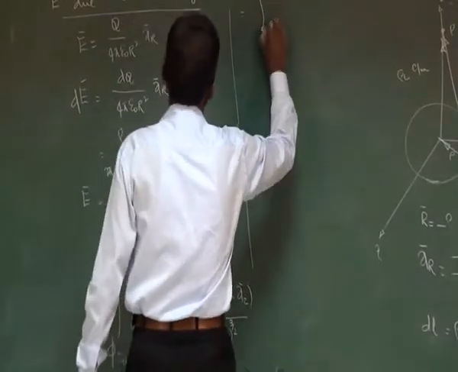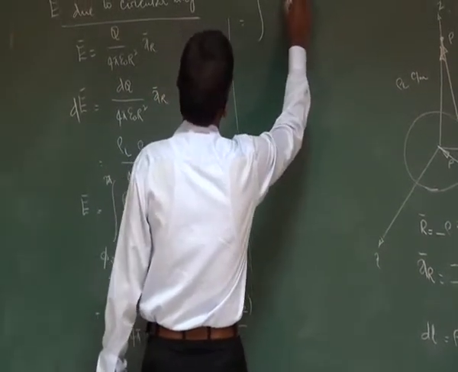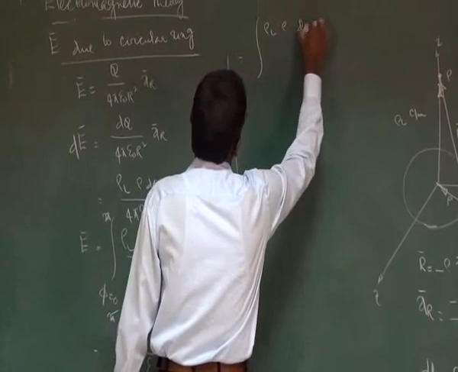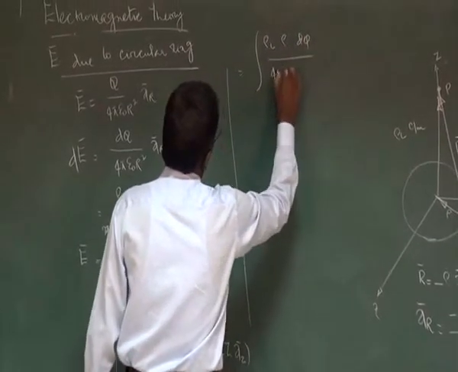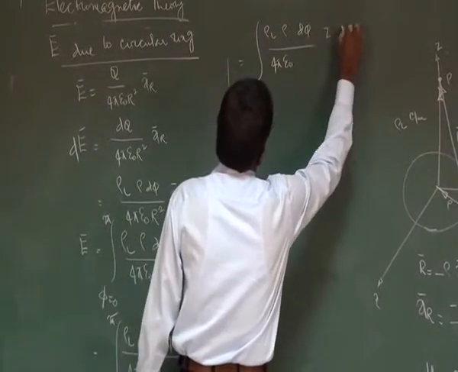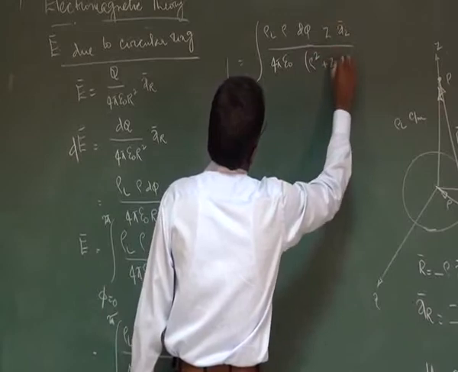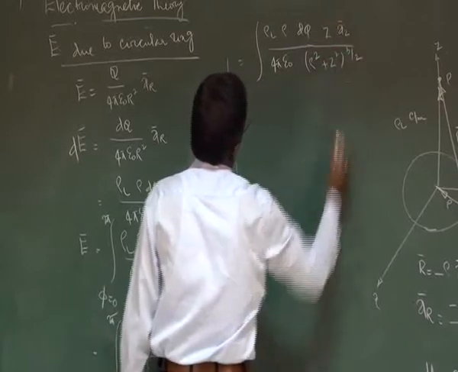So I am continuing by cancelling the a rho component. So this is rho L rho d phi divided by 4 pi epsilon O, z a z bar divided by rho square plus z square power 3 by 2.